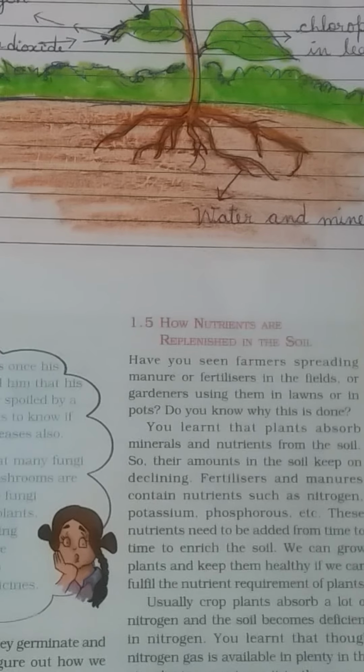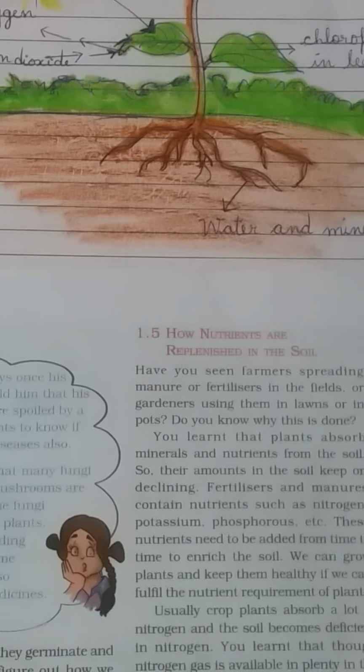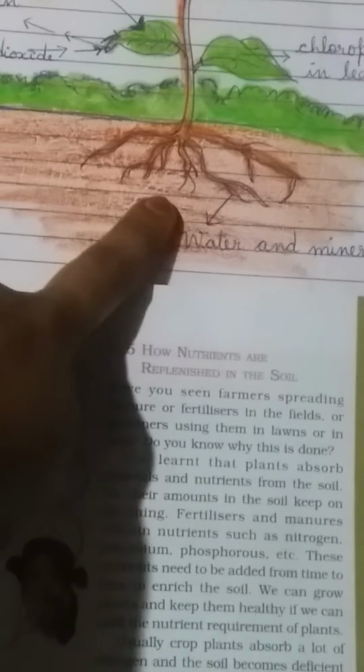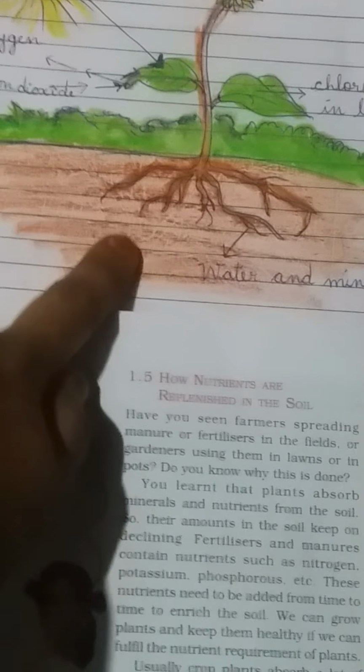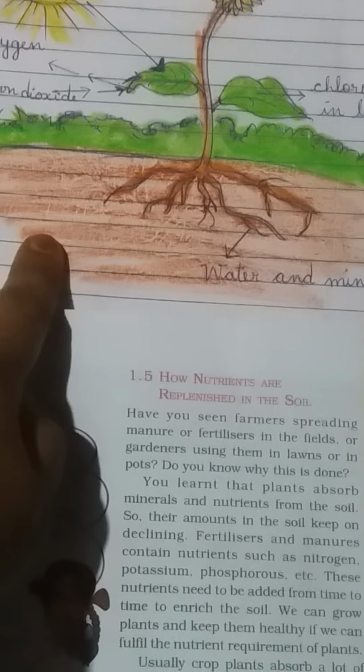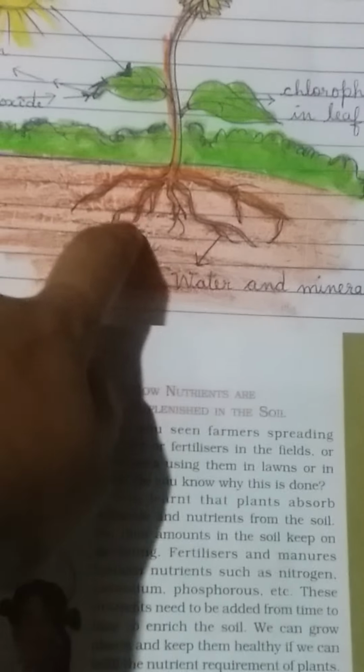How nutrients are replenished in the soil. So, the roots under the soil extract water and minerals, and the bacteria present inside the soil called rhizobium bacteria help to provide nutrients to the plant.